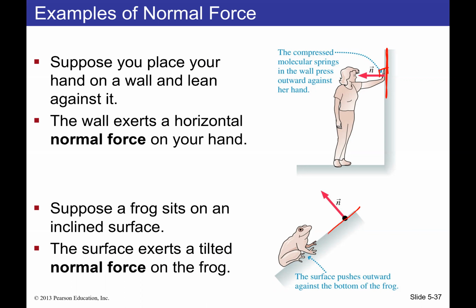And if you have an incline, then the normal force is not straight up, but at an angle. So don't ever think the normal force is always straight up. It's not. It's always perpendicular to the surface, and it's always a force acting on the object due to physical contact with the surface. As soon as you're not touching the surface, there is no normal force.